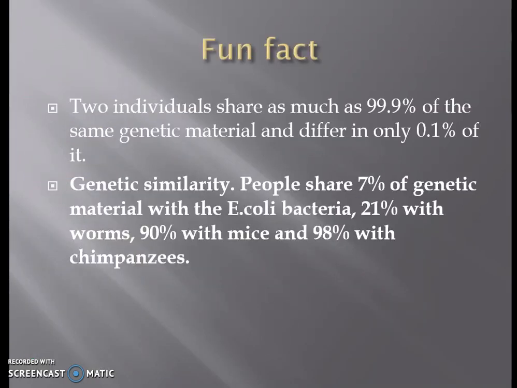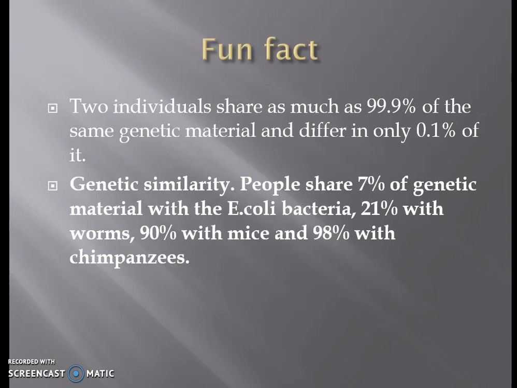Alright, some fun facts. Two individuals share as much as 99.9% of the same genetic material, and they differ in only 0.1% of it. So the person sitting next to you is similar to you in 99.9% because he or she has the same genetic material.